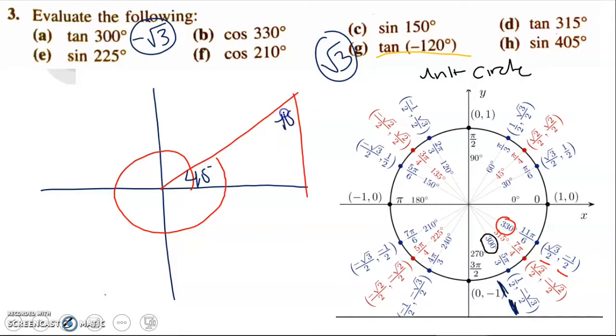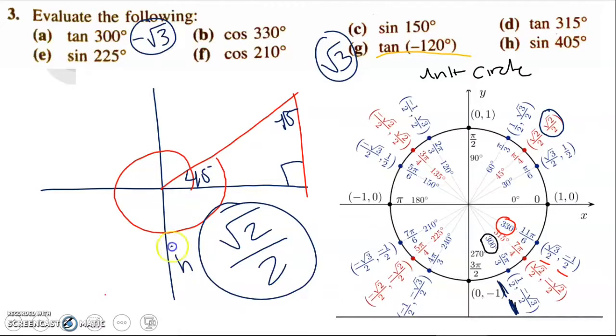This should also be 45, and this is my 90. And again, if I know that this is going to be a 45, 45, 90 triangle, okay, what I can do simply is just work off of the unit circle, okay? So the unit circle for sine tells you that this should be square root of 2 over 2. So again, your unit circle comes in very handy. This is what your answer for H should be, just based off of your unit circle.